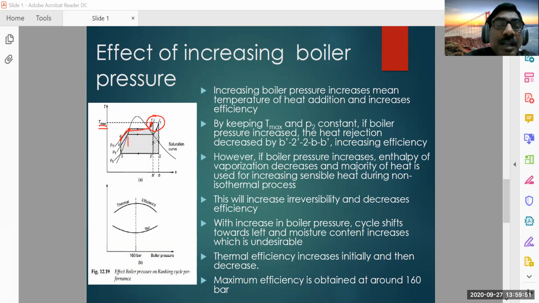Here the latent heat of steam is more, and here the latent heat of steam is less. This is one important difference you have to understand.